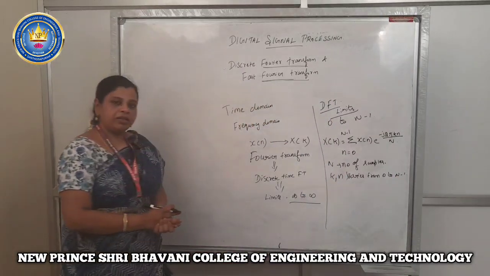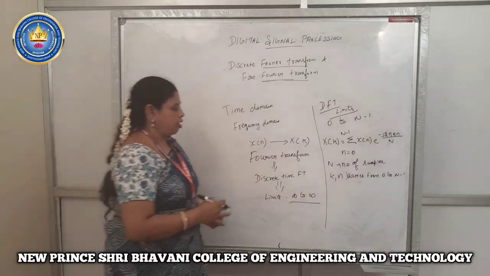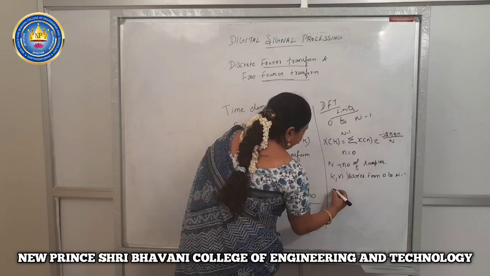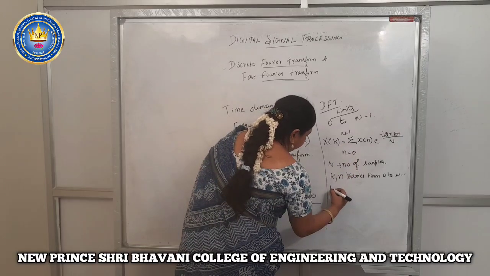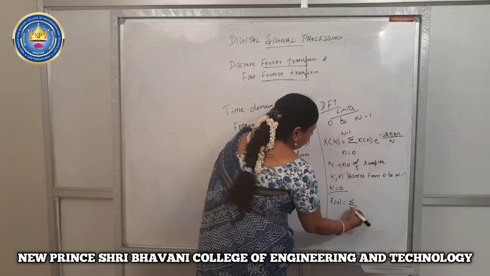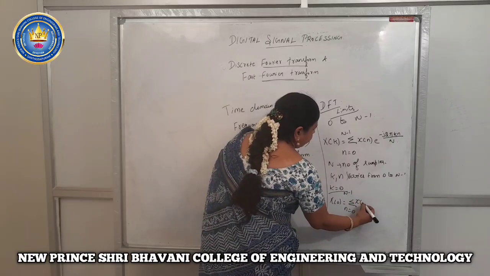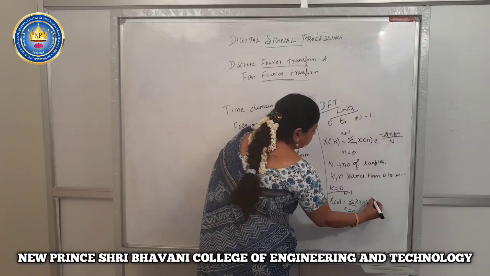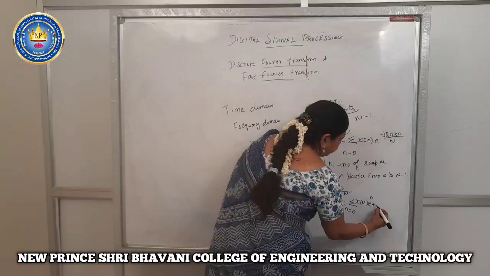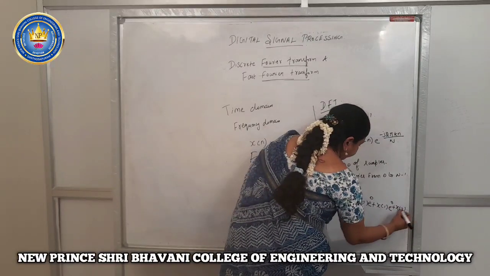Okay. Now in this also we have a drawback, that is, here again the computation time is long. Suppose for example I take my k, the first one, as 0. So I will have X of 0 equals sigma n equals 0 to N minus 1 x of n into e power 0, where n also varies from 0 to N minus 1: x of 0 plus x of 1 e power 0 plus x of 2, like that.